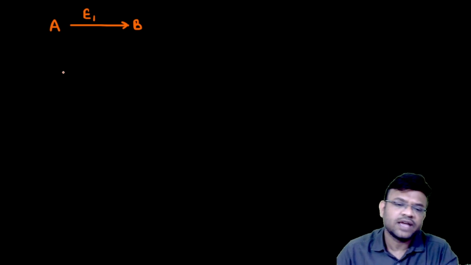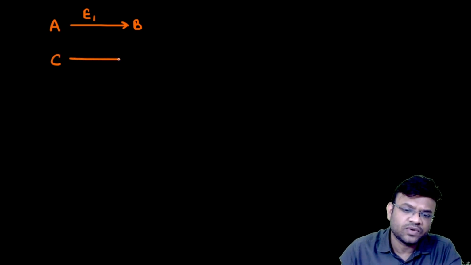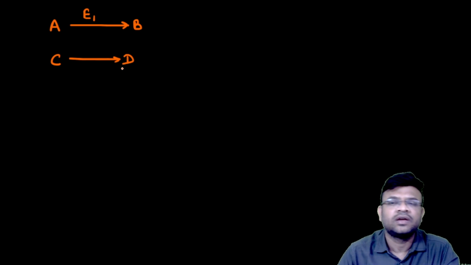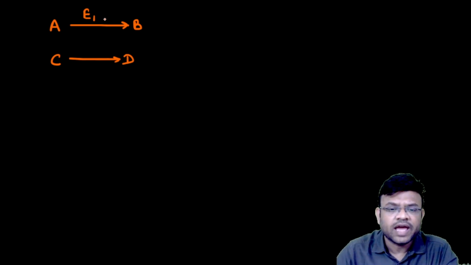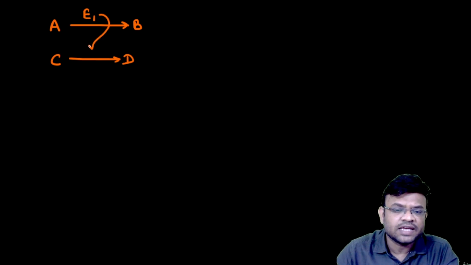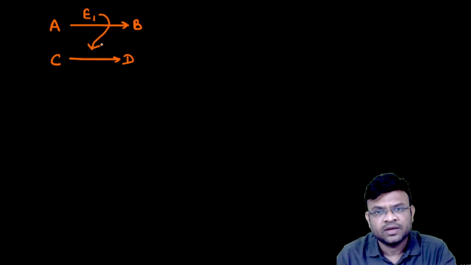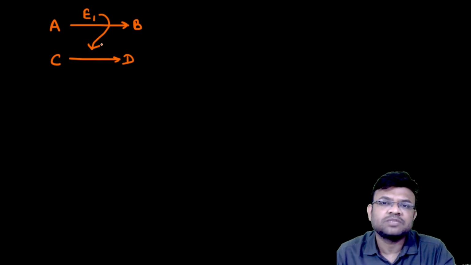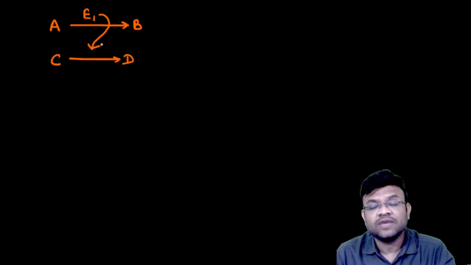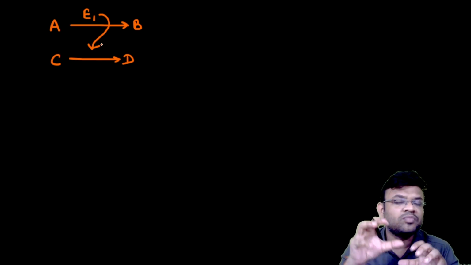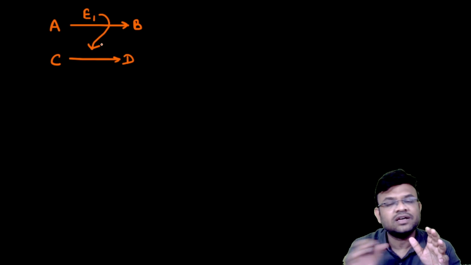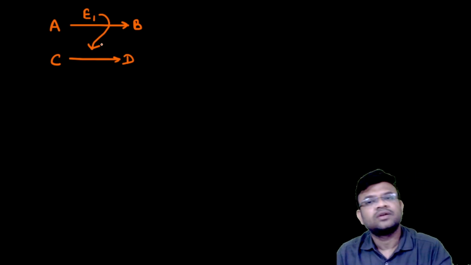And there is another reaction, let us say C is converting into D. Now this reaction has enzyme E1, it will not happen that E1 will be catalyzing this reaction also. Therefore, what I want to say is enzymes are extremely specific in their function. They would be catalyzing a specific reaction and they would not be involved in catalyzing other reactions. So this is the specificity.